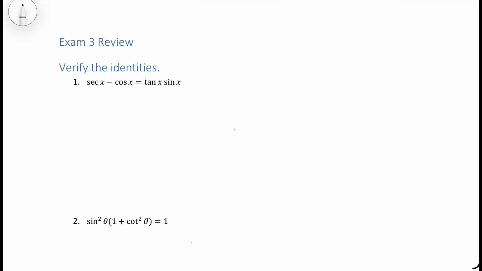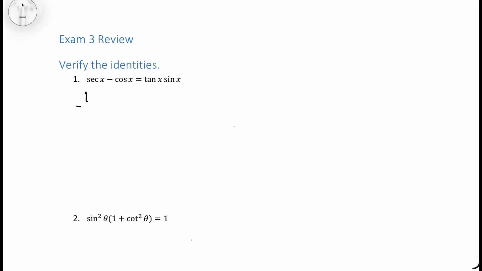So you would first simplify the secant x into 1 over cosine x, and then minus cosine x. Then we would change cosine x into a fraction, 1 over cosine x minus cosine x over 1.